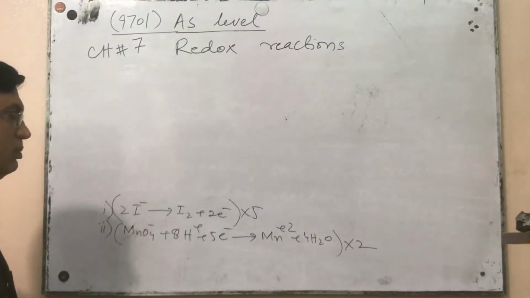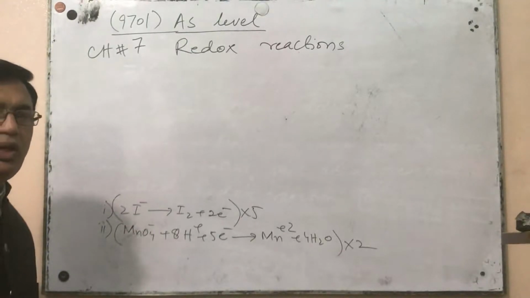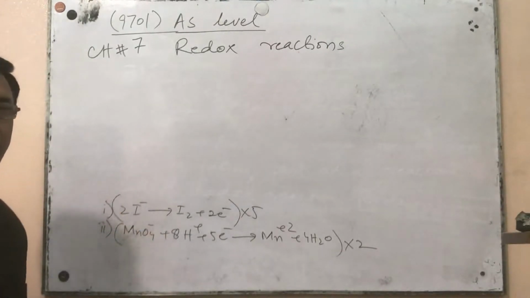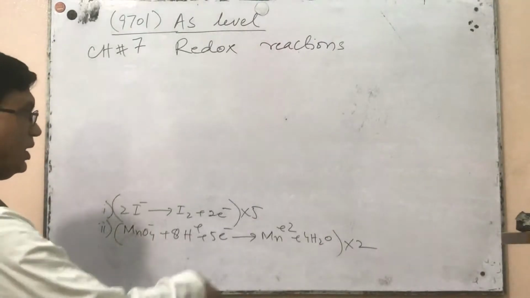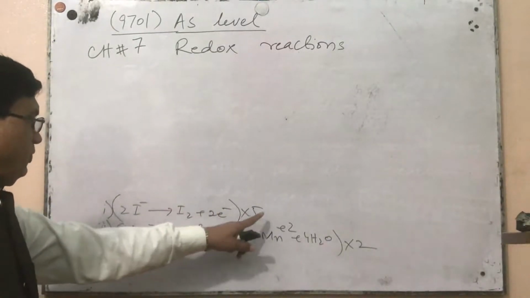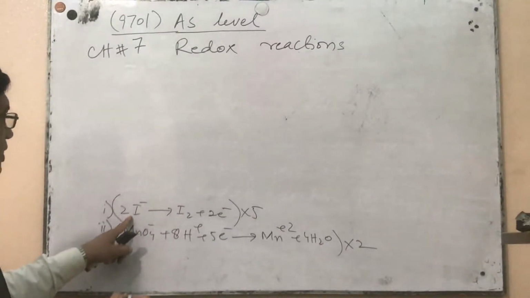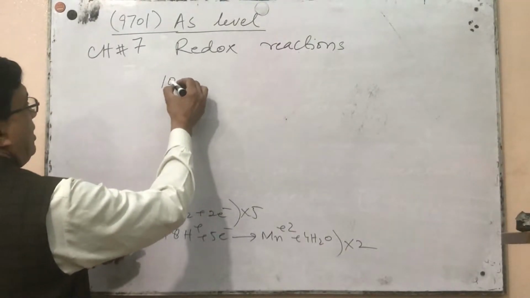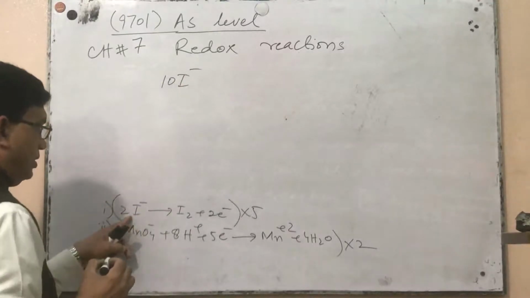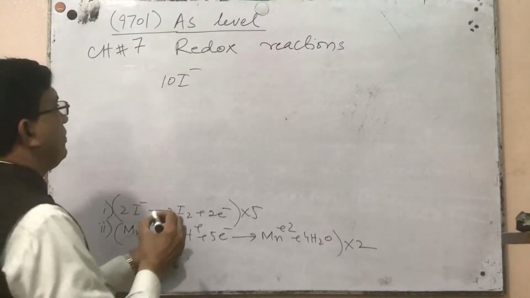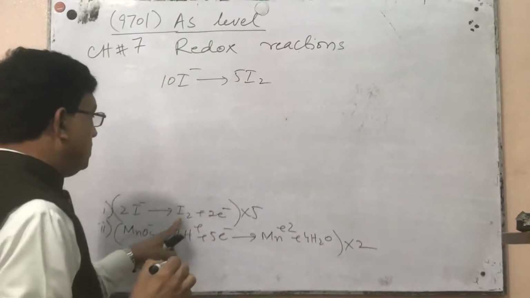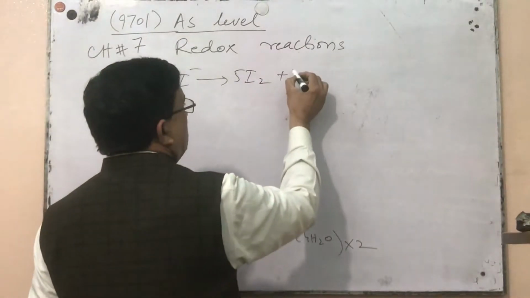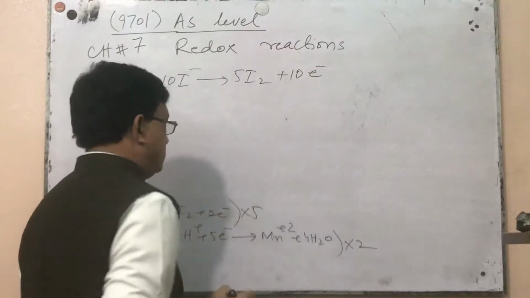It means that the number of electrons gained or lost will be equalized, and then the whole equation on addition will give us a balanced chemical equation. If I multiply this equation by 5, it means that 10 I⁻ gives 5 iodine molecules and 10 electrons.